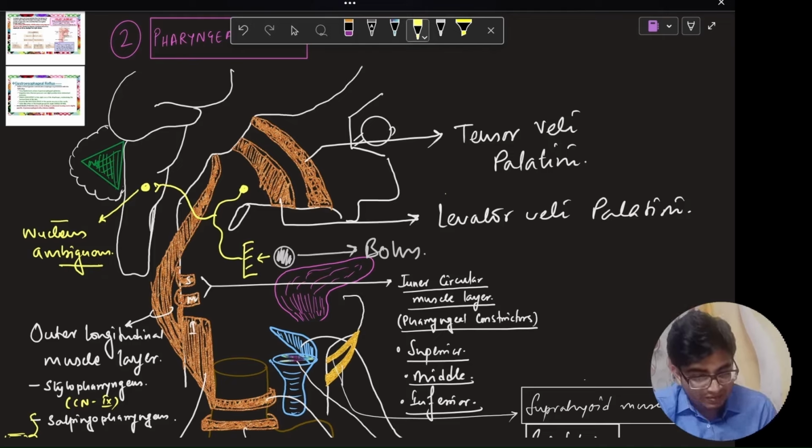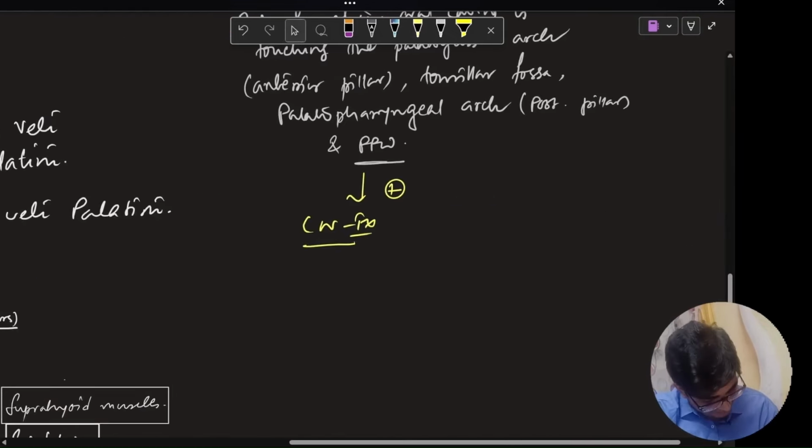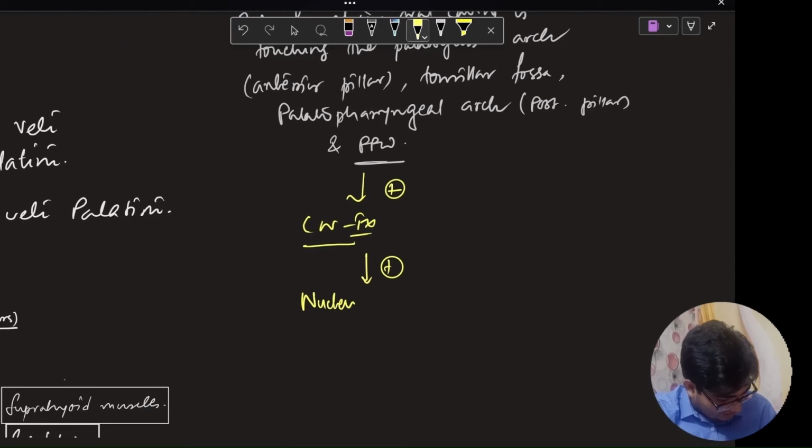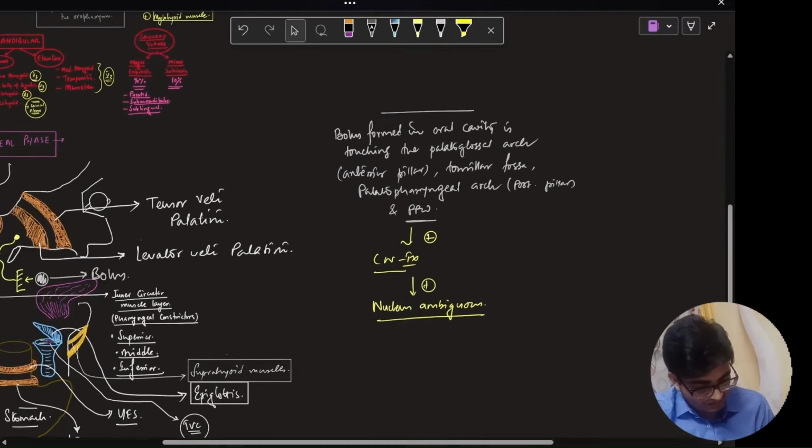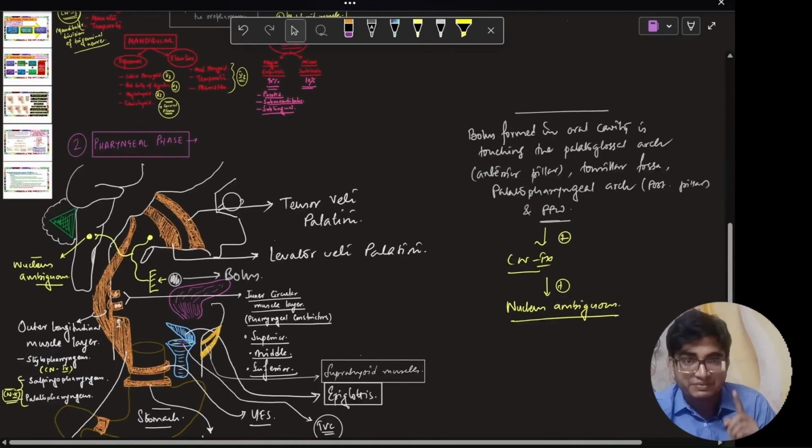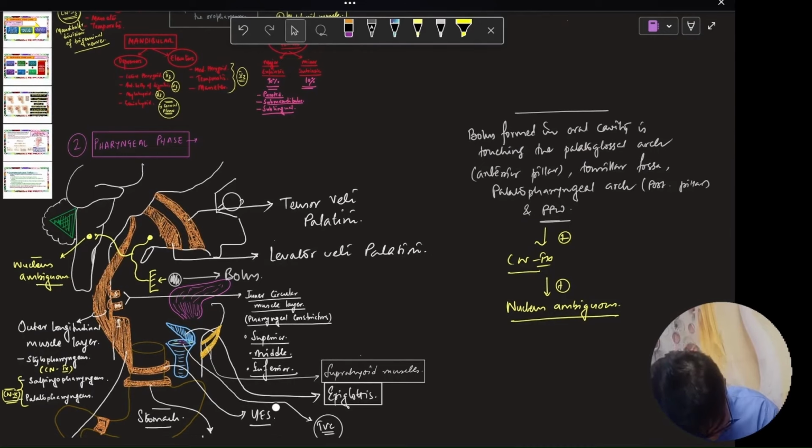Okay. Now this nucleus ambiguus is the nucleus of the 10th cranial nerve, so the 10th cranial nerve is stimulated, which supplies the levator veli palatini muscle.